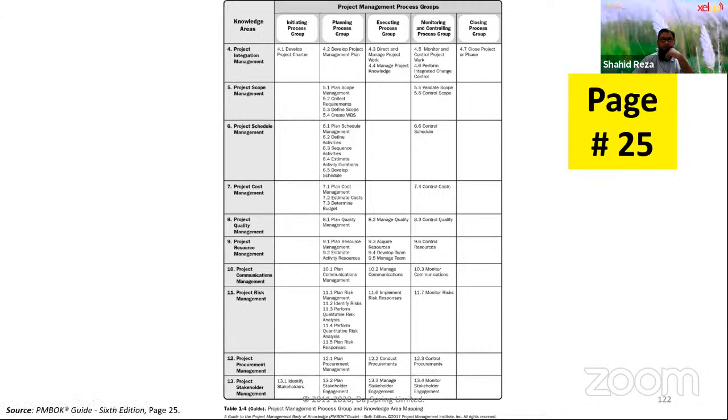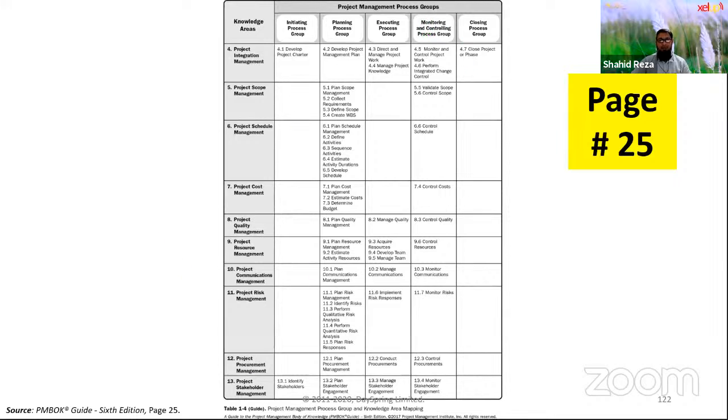All right. So now we are going for a 10 minutes break. After the break, we'll discuss the most important thing of PMBOK. So please don't miss that. I will talk about this one. Can you see this? This table, I will discuss this table.